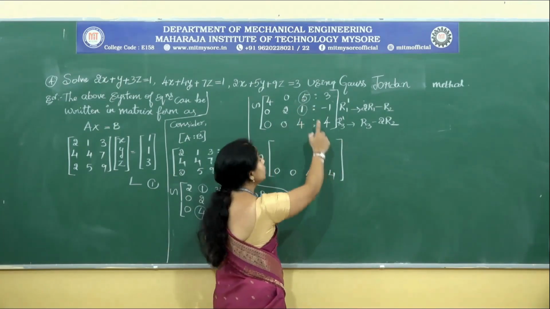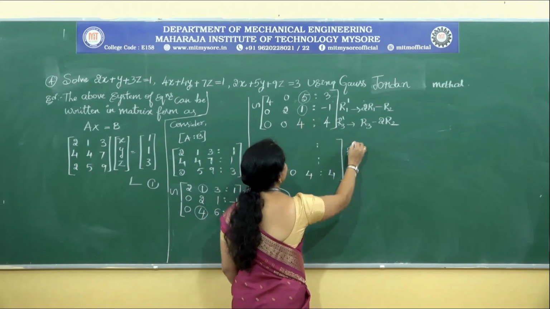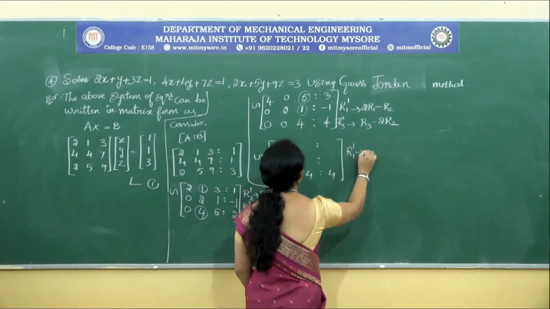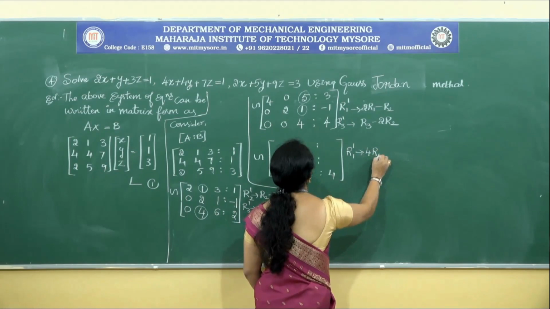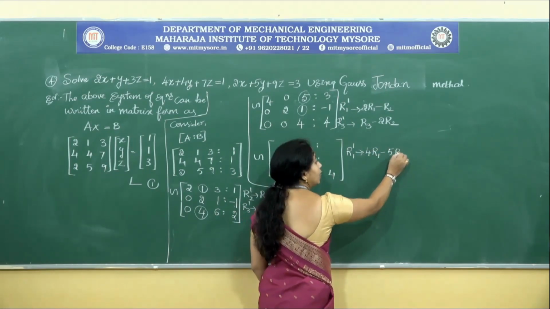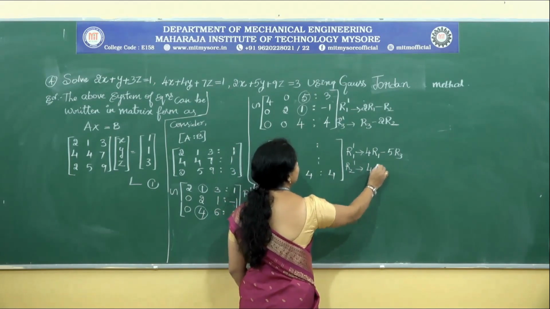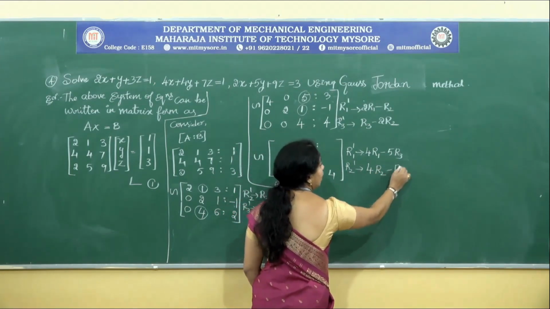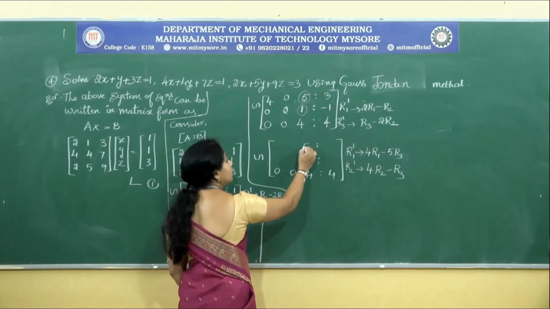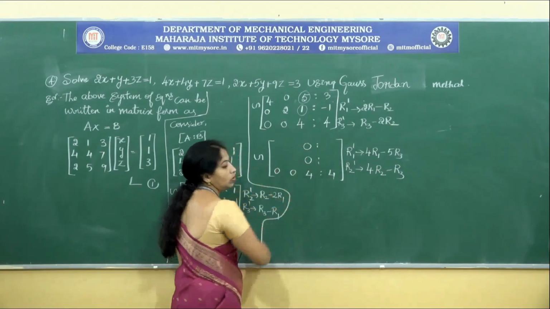Now the row operation is R1 dash is 4 times R1 minus 5 times R3, then R2 dash will be 4 times R2 minus R3. Now these two elements are 0.